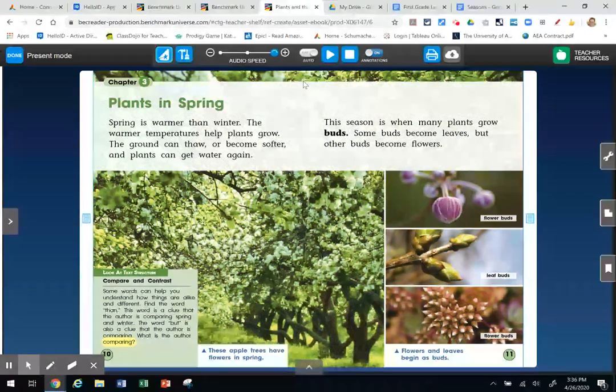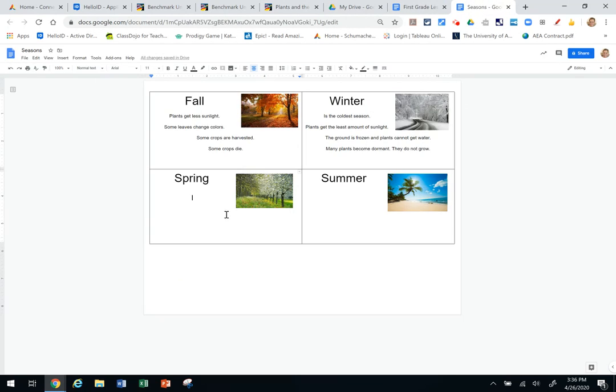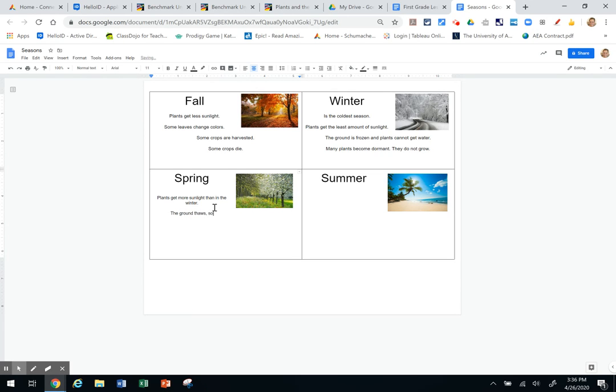All right, let's go ahead and type up some things that we learned about plants in the spring. So we know that plants in the spring get more sunlight than they do in the winter. We also learned that the ground thaws so plants can get water.